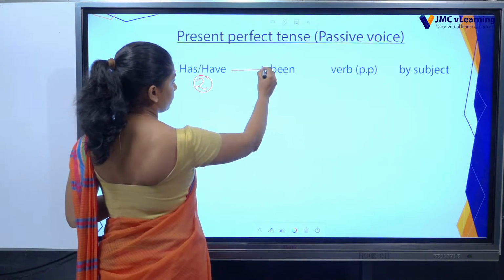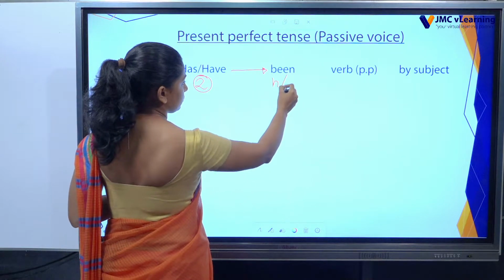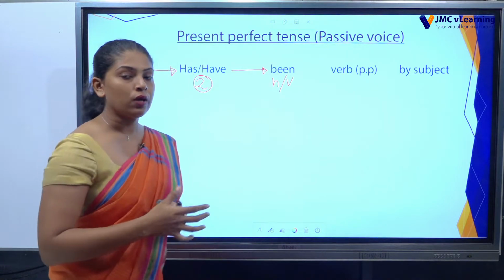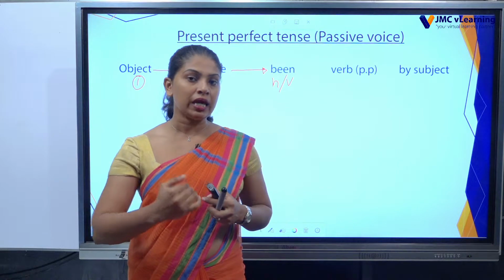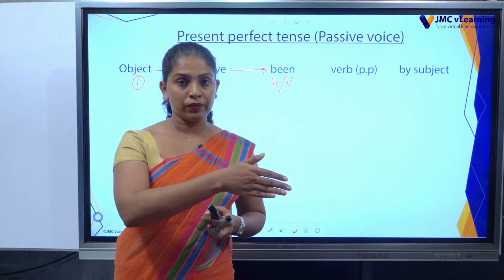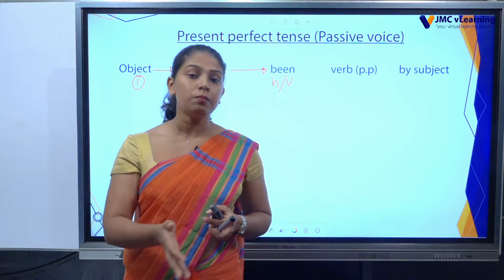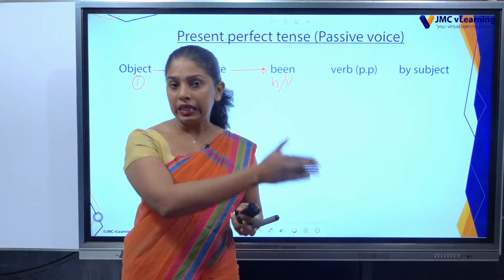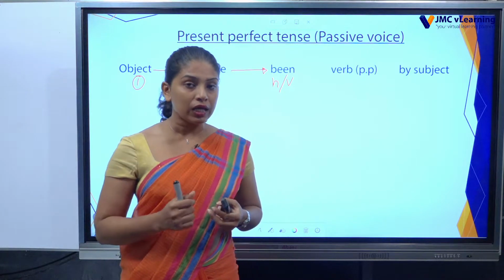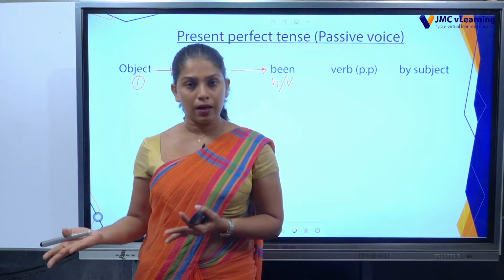After that, we have to take a helping verb. Because when we discuss active voice, we take the SVO structure: subject, verb, object. In passive voice, we take object, helping verb, verb past participle, then by subject. In present tense, we take helping verbs as am, is, are.